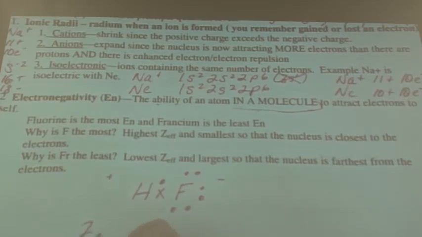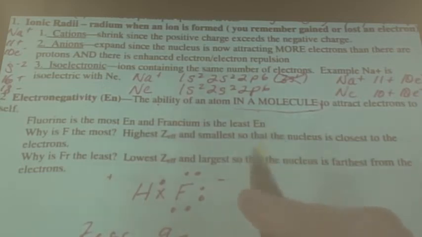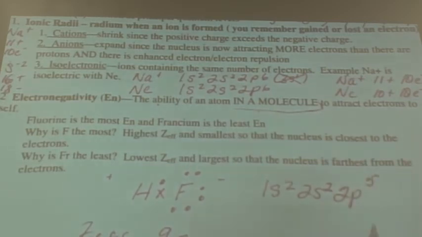Okay, why is fluorine the most electronegative? Its Zeff for fluorine is 9 minus, how many core electrons will it have? Well, I don't know. Let's do this. 1s2, 2s2, 2p5. How many valence electrons does it have? 7.